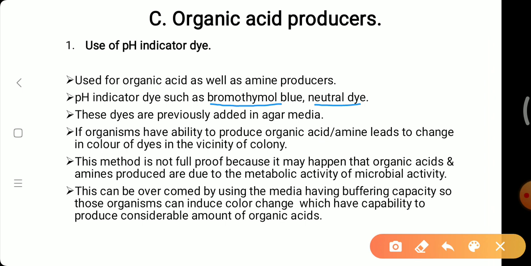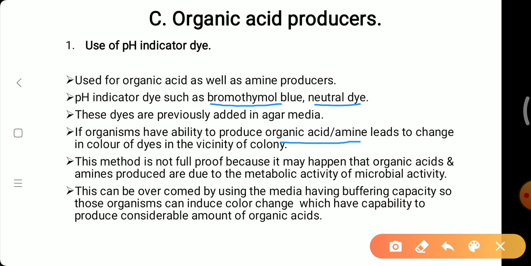If the organism has the ability to produce organic acid or amines, it leads to a change in the color of the dye in the vicinity of the colonies. Okay, surrounding the colonies, they will lead to a change in their color. This indicates that this organism has produced some organic acids or amines.